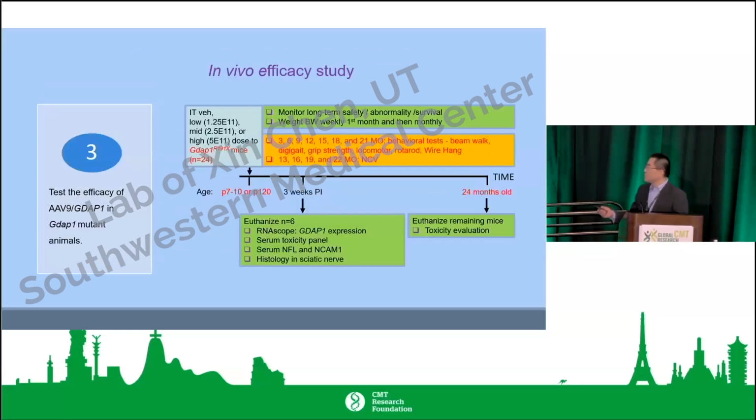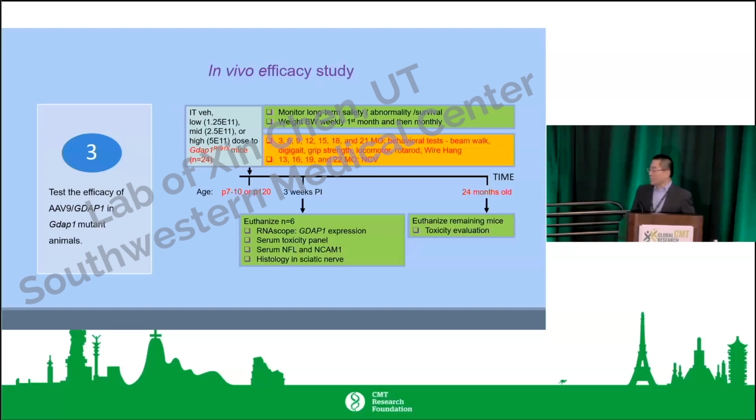In parallel to this safety study, we performed an in vivo efficacy study in GDAP1 mutant mice. We also dosed the animals intrathecally with low, mid, and high dose, at two different animal ages: postnatal day 7 to 10, and P120. We monitored the mouse safety parameters. We also did a longitudinal battery of behavior tests, as well as nerve conduction velocity.